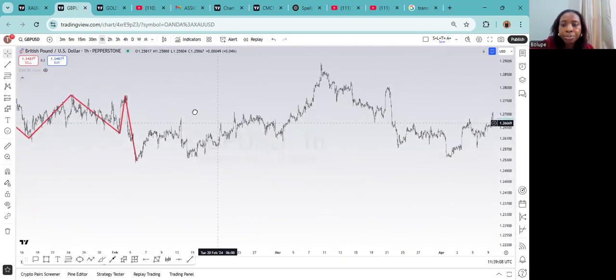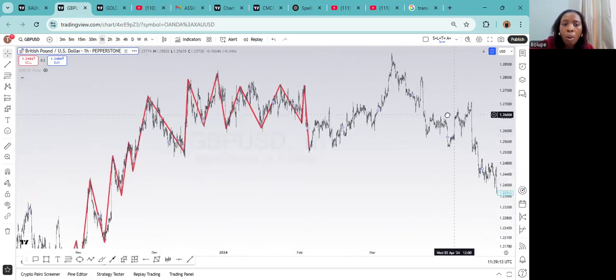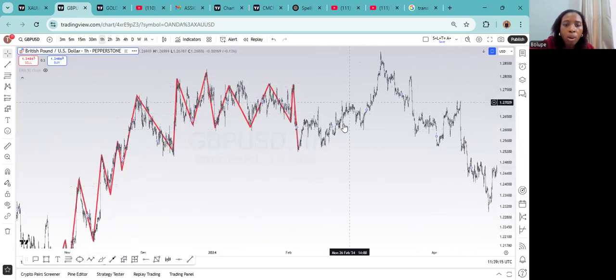Okay? And this lower low is the same equal low here.